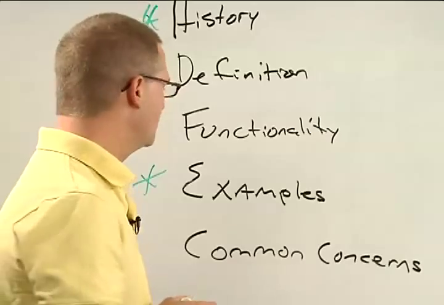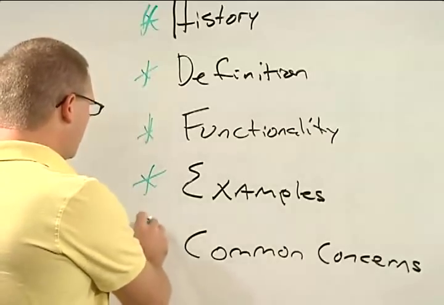We're going to diagram out what an ERP system would look like for a company, either small, medium, or large. And then finally, ERP presents a bunch of common concerns or problems that implementers, managers, and administrators need to take into consideration.